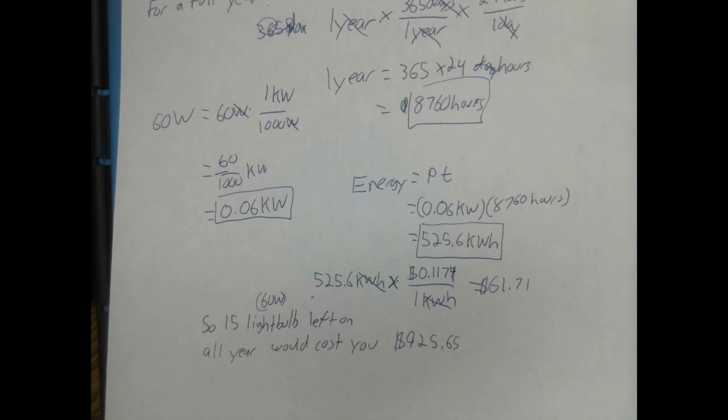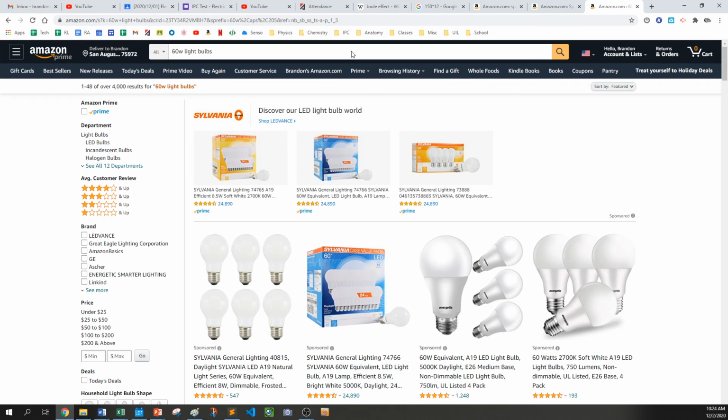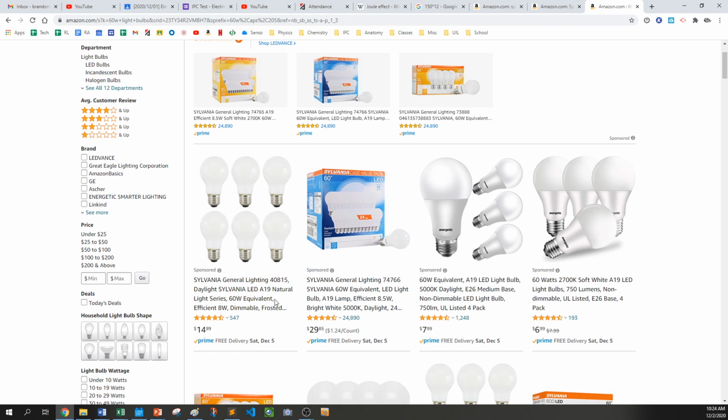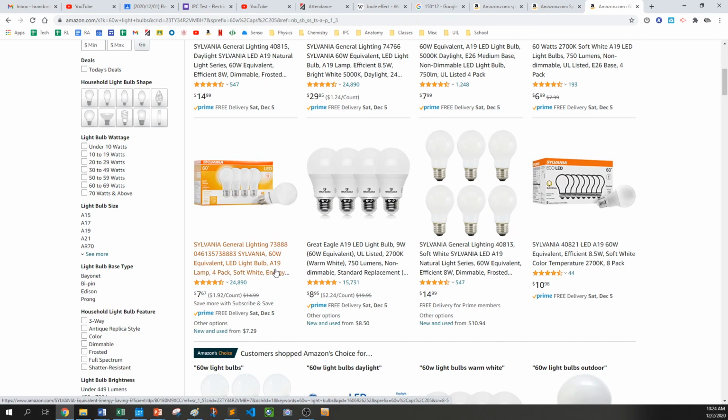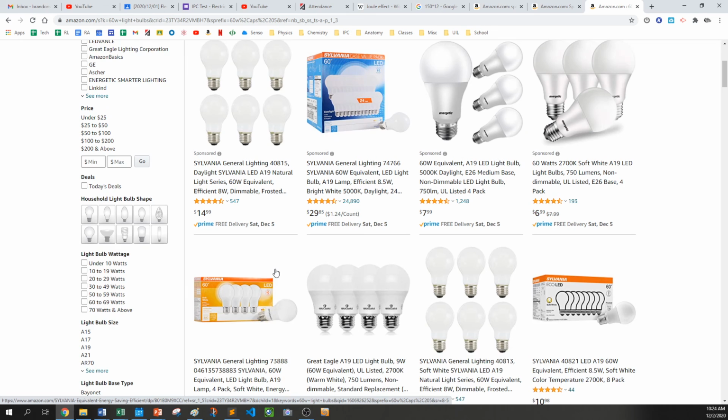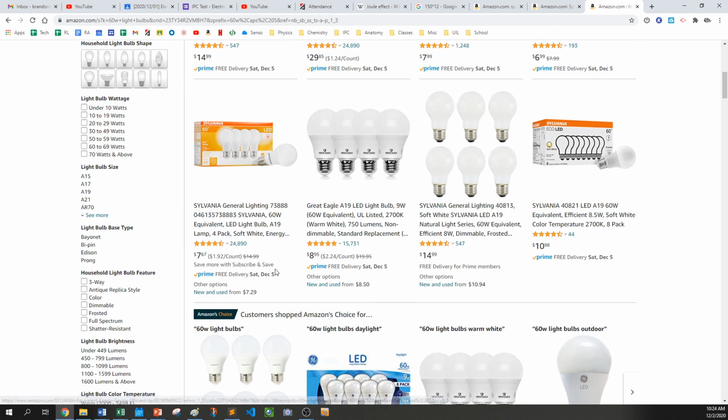Now let's look up the actual values. So that's what I'm about to look up. So 60 watt light bulbs. Note, you'll see this word here, 60 watt equivalent. They do not actually use 60 watts. So let's look at the cheapest ones I can find. They'll be the least efficient.